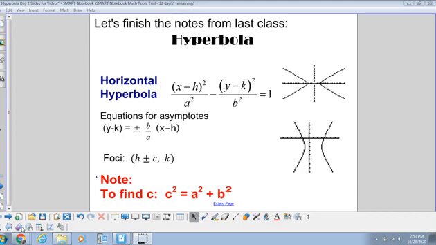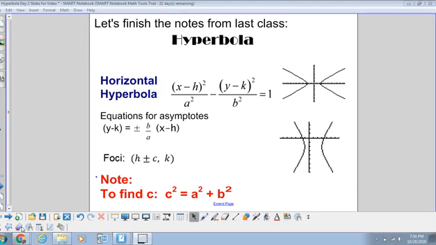We learned last time about finding the center, finding our A and our B values, how to draw the rectangle and draw in our diagonals to extend those to get the asymptotes for how to graph our two parabolas that make up the hyperbola. And foci are key values for that definition.